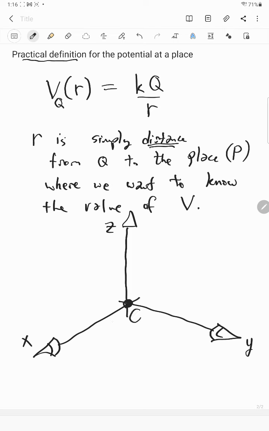Here is our little point charge Q. And if you go a distance over to here at, let's say, this P1, where this P1 is a distance R away, from here to there is this distance R, the value of the potential at this place is just V of R, where you calculate it this way up here.